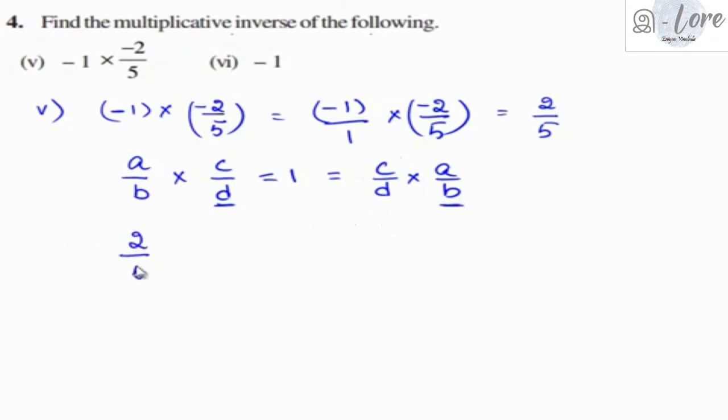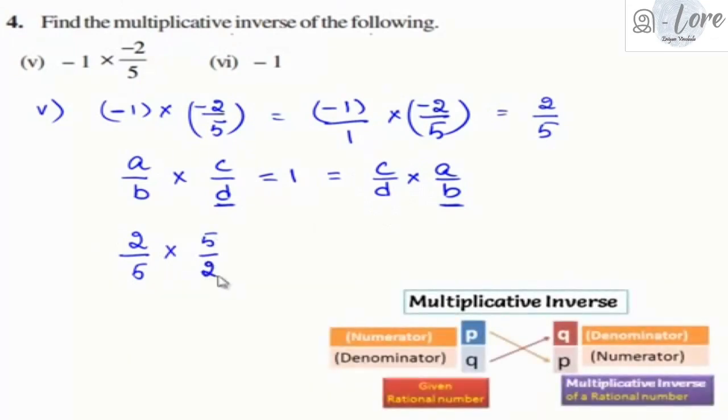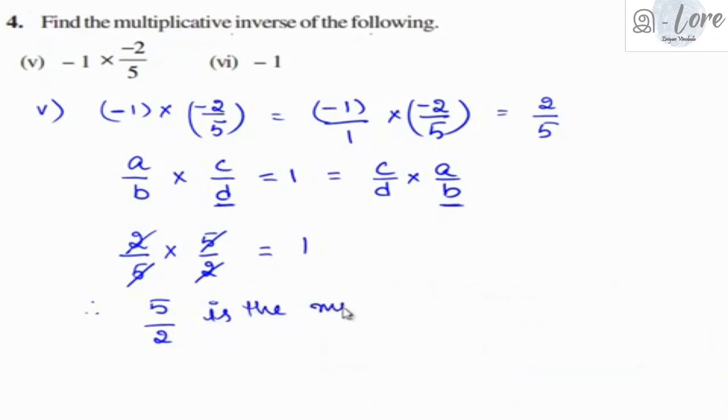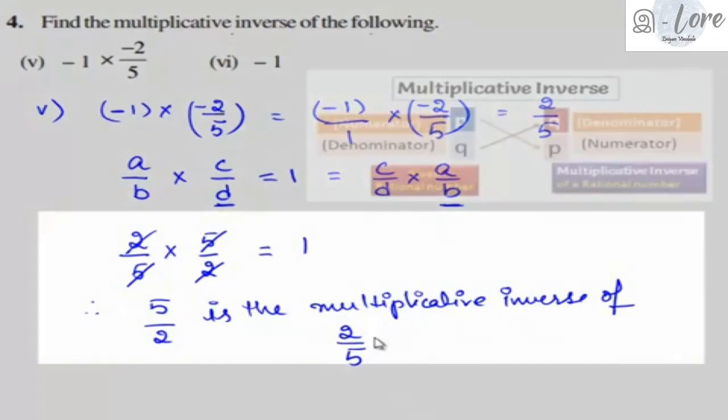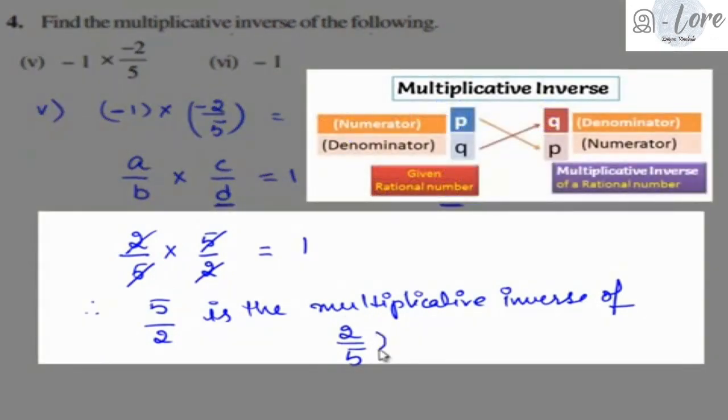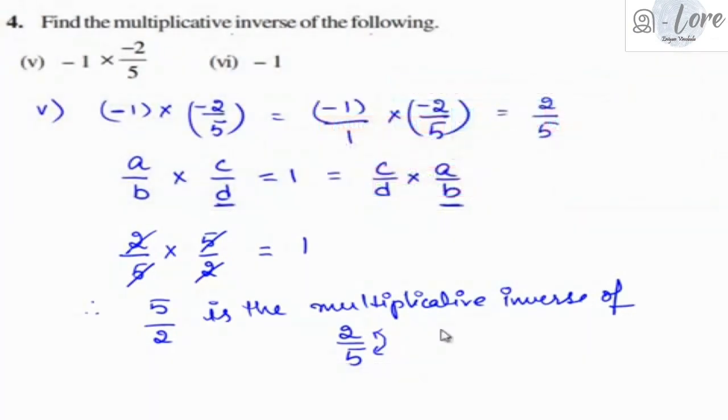Now the multiplicative inverse of 2 by 5: if you multiply 2 by 5 into 5 by 2 and cancel the common factors, we get the answer 1. Therefore 5 by 2 is the multiplicative inverse of 2 by 5. Clearly we observe that 5 by 2 is obtained by switching the numerator and denominator of 2 by 5.